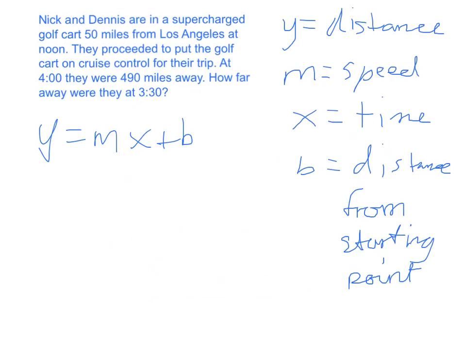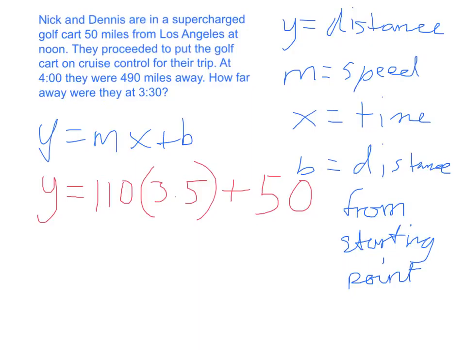In this problem, y equals distance, which we were trying to figure out, m equals speed, which is 110, x equals time, which is 3.5, and b equals distance from starting point, which is 50.